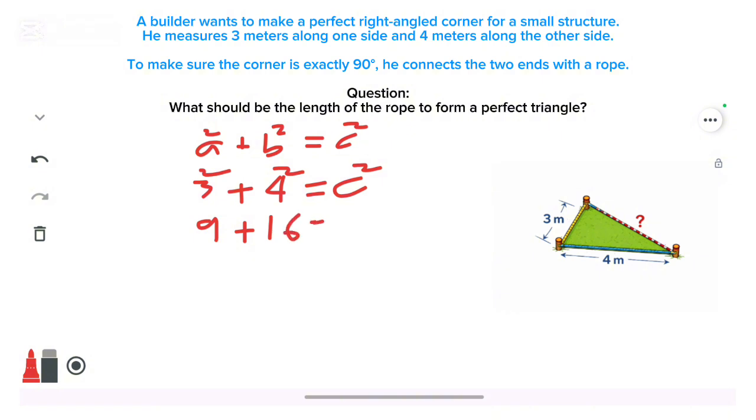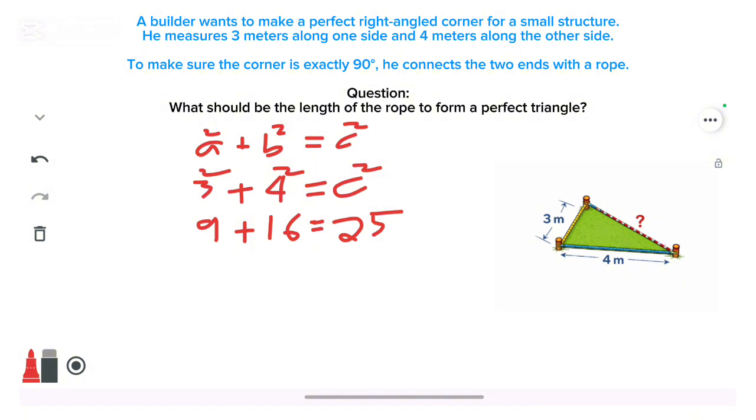And now after this, the next step is to add the results. So 9 plus 16 is 25. So we have 25.